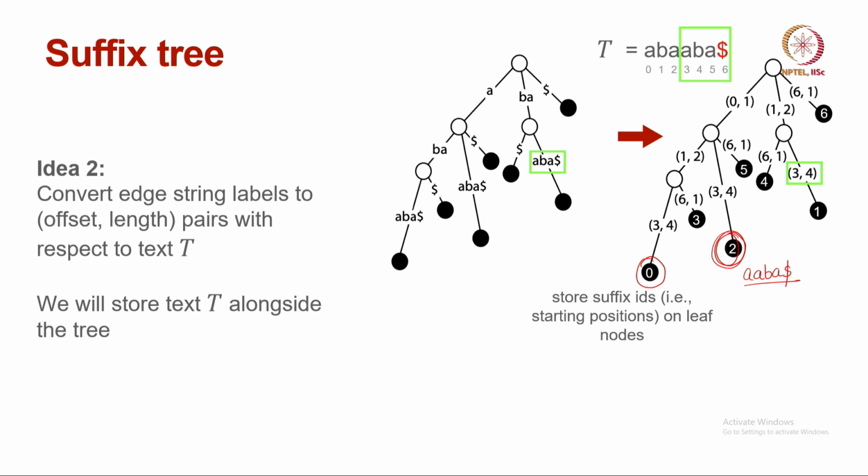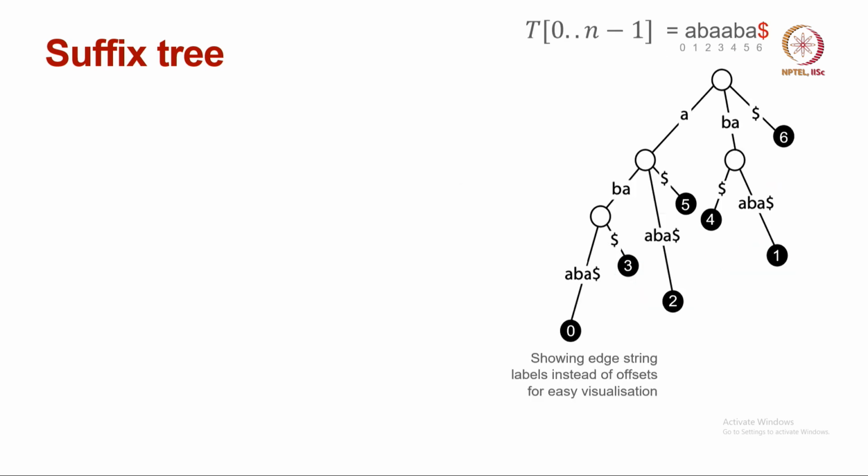Okay. So, now given these two properties, have we addressed the space limitation of suffix tries, that is, are these two ideas sufficient to reduce the space requirement from quadratic to subquadratic, or let us say linear? Well, it turns out yes, and we will see why.